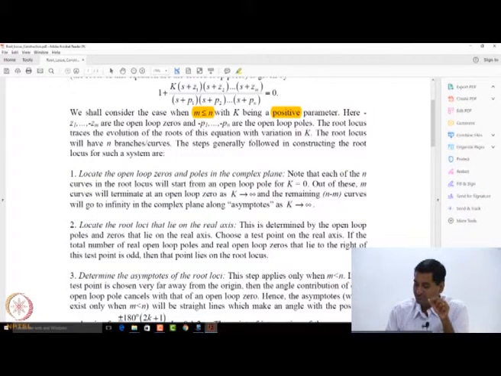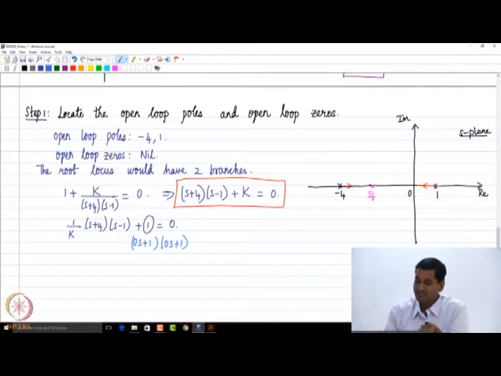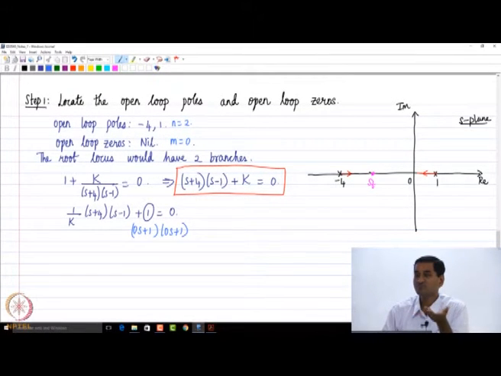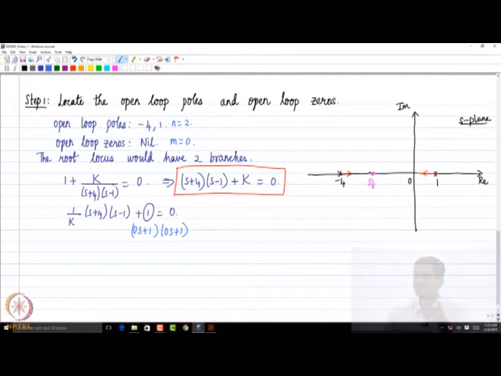If we had m to be non-zero... in our example m was 0 and n was 2. Since m was 0, I do not have any branch of the root locus terminating at an open loop 0. Suppose m were 1. Let me write it as an example.